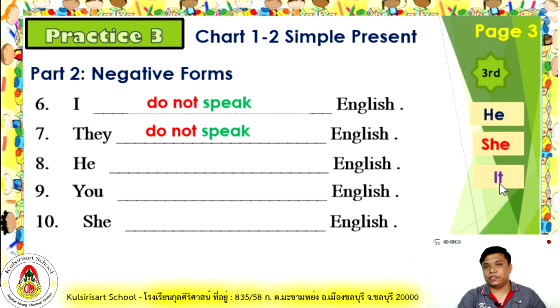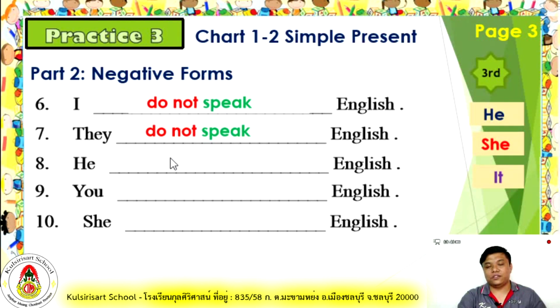We will use the form of the verb with s. But this one, instead of putting s into our verb, we will use the word does not. Does not. Okay? Don't be confused.